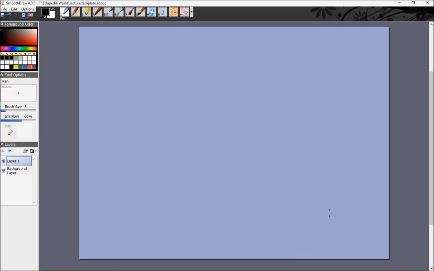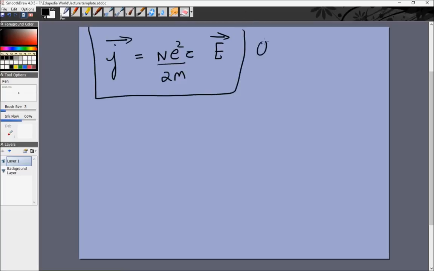So let me just clear this page and write this properly. The result we got was J is equal to Ne square tau by 2m E. And that is the result. This is the familiar result, Ohm's law.